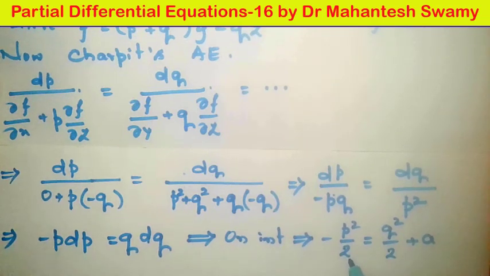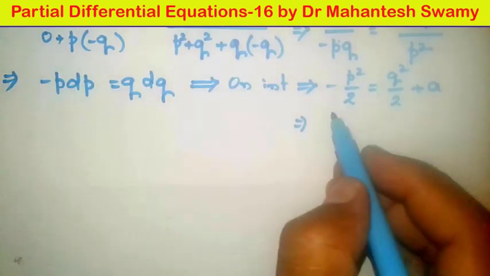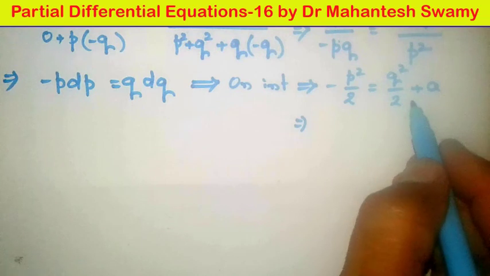So if we multiply throughout by 2 and simplify the terms by taking minus p square to that side, it will give us plus p square, that is p square plus q square.